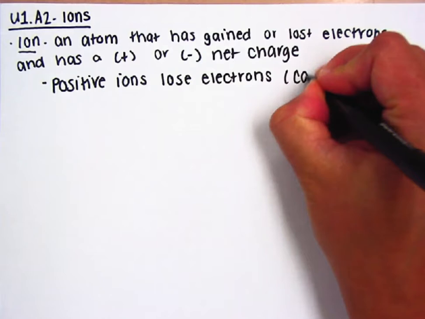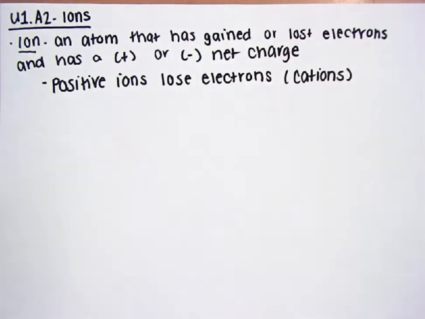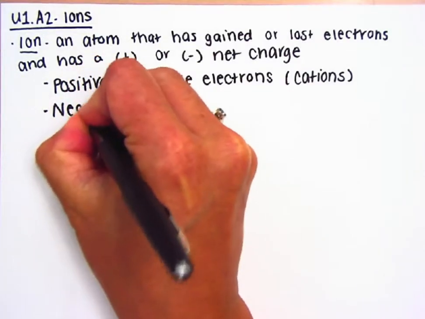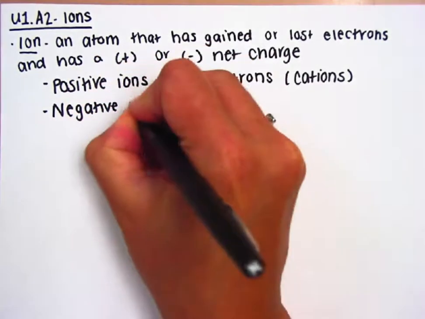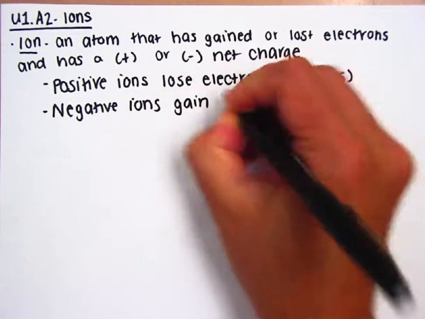We call positive ions cations. We can also have negative ions. Negative ions gain electrons.